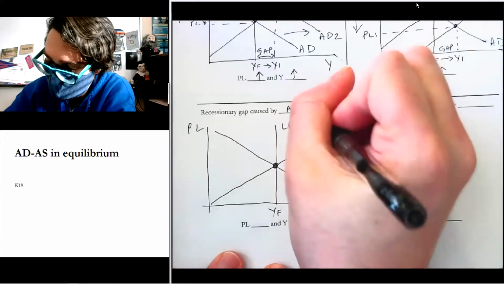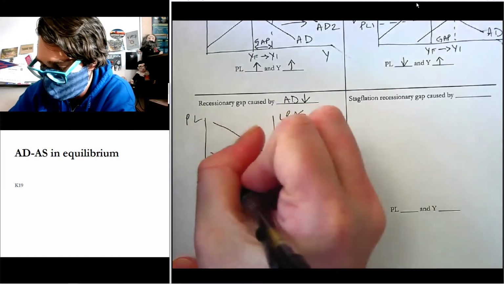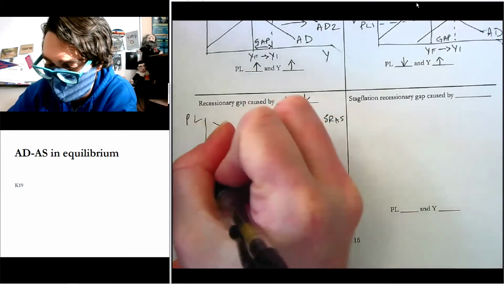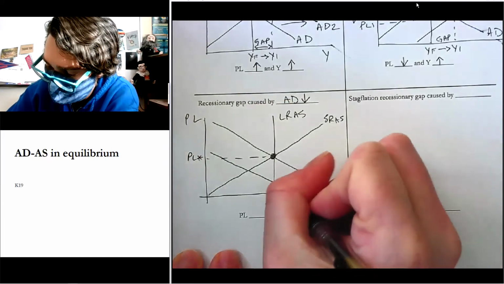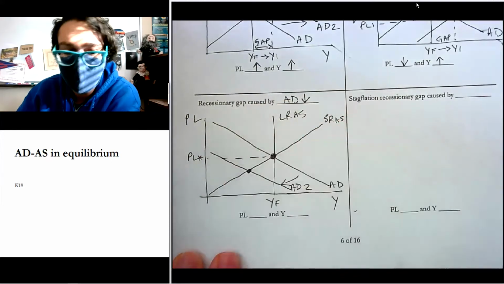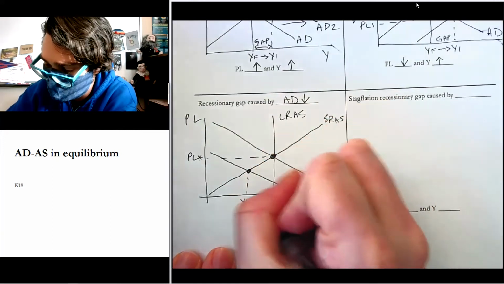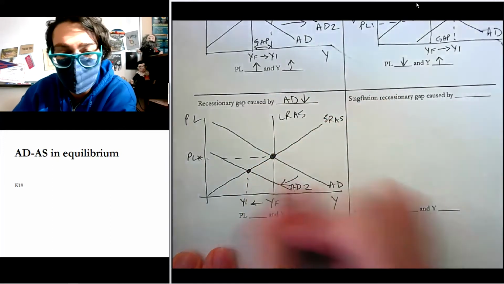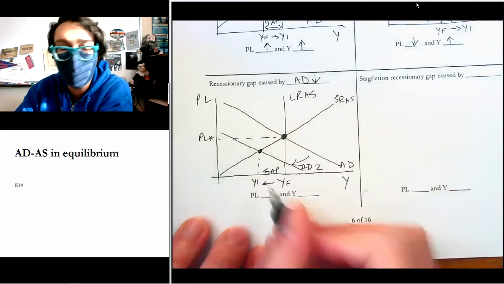Okay, now, if it's a recession, aggregate demand is going to decrease. I got to put my little PL on here. Whew, getting ahead of myself. AD2, decrease. So now, in our short run period, we are here at Y1, right? So there's another gap, but in this case, this gap here is below full employment.